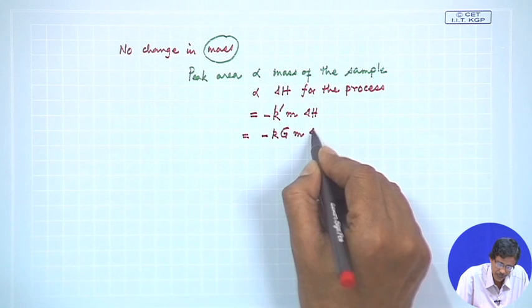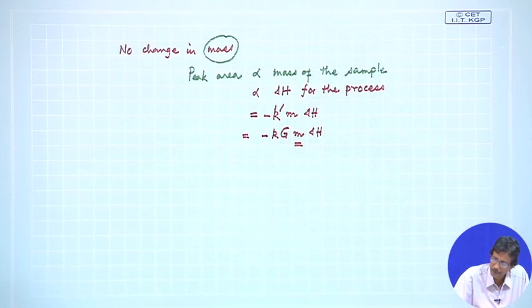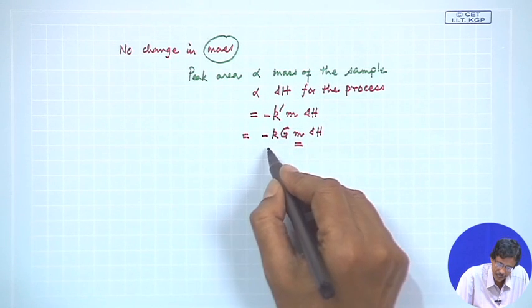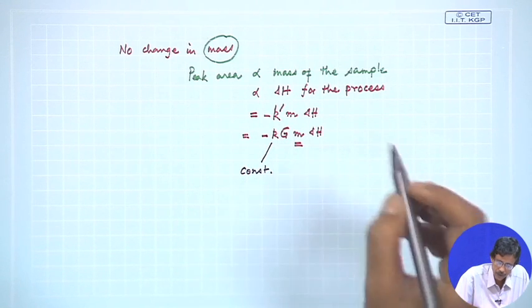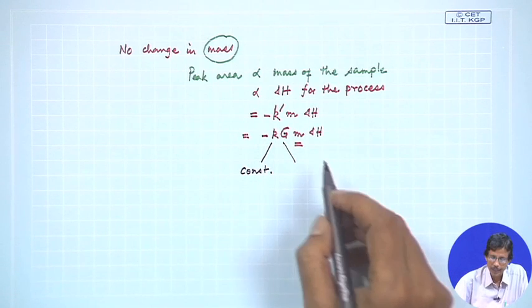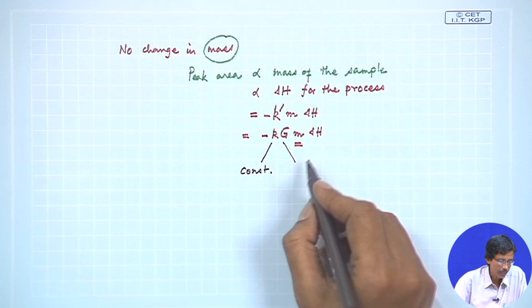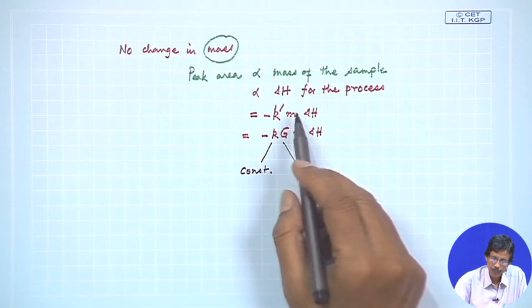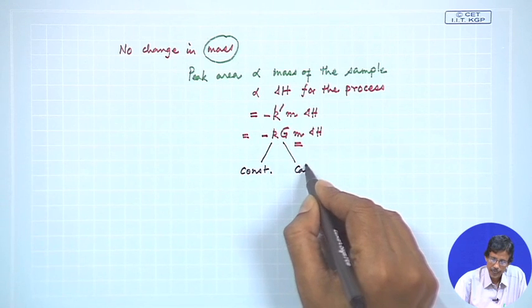If we know the corresponding mass taken for this particular measurement, we can correlate that, and this can be your constant, because for more sample analyses we can have a constant for the regular arrangements or regular measurements, and G, which can be converted from your K prime, is your calibration factor.